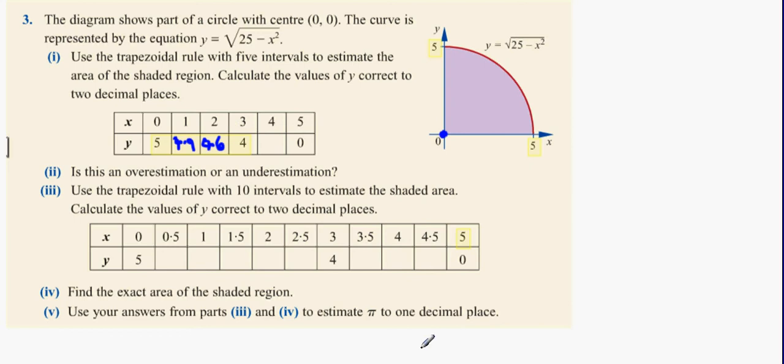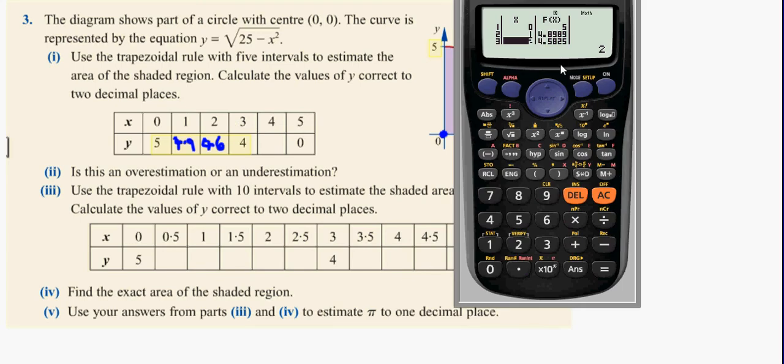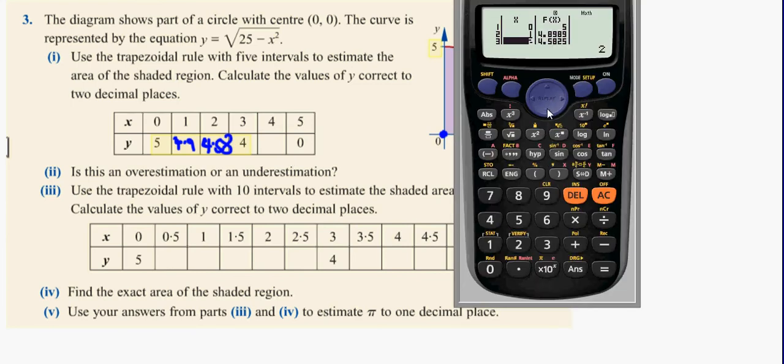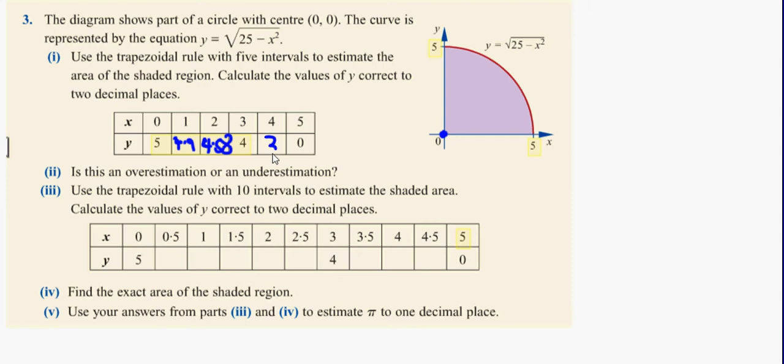Correct to 2 decimal places, 4.58, and then number 4, which is number 3. Okay, so this here's number 3.